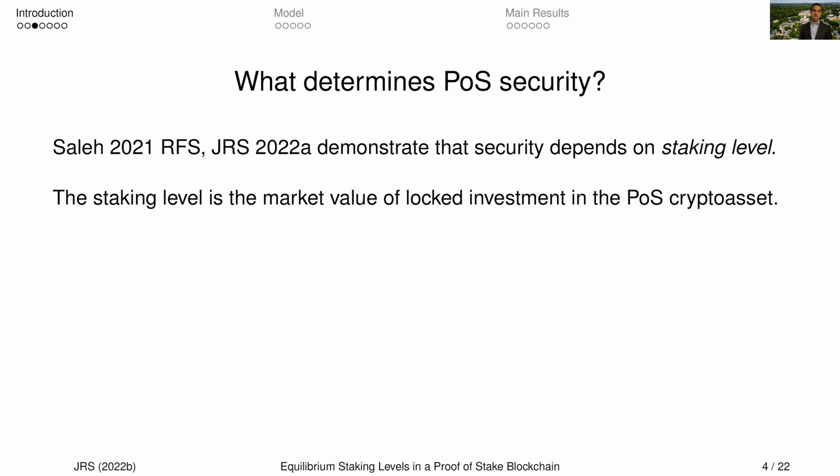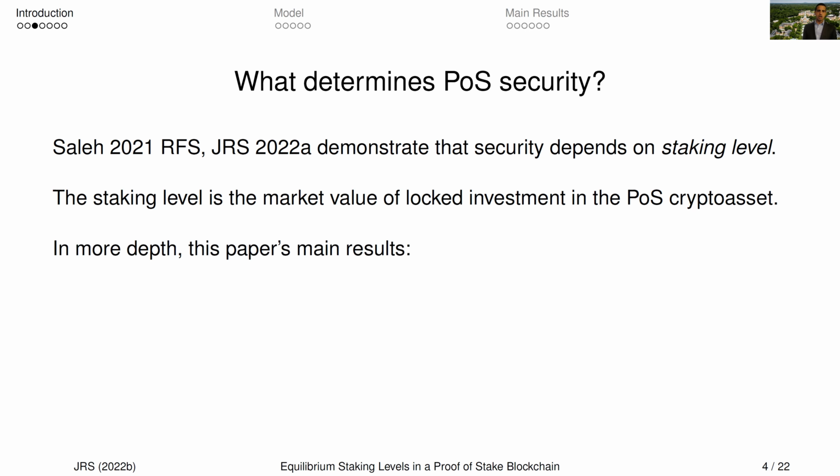What I mean by that is essentially that if, for example, Ethereum were to use proof of stake, so Ethereum is the blockchain, and it has a base asset, which is called Ether. If Ethereum uses proof of stake, then it turns out that its security is going to depend on the market value of locked investment in Ether, which is its native crypto asset.